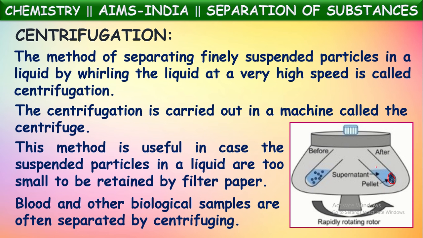So this centrifuge makes these test tubes revolve at very high speed. They will whirl inside the centrifuge. Then the fat particles present in the milk will be separated from the liquid component. In that way, they will be separated. Not only that, even blood samples will be separated by using this centrifuge. Okay.